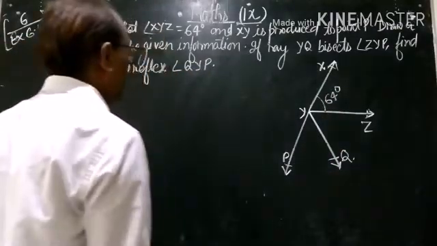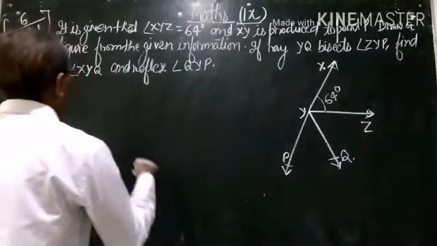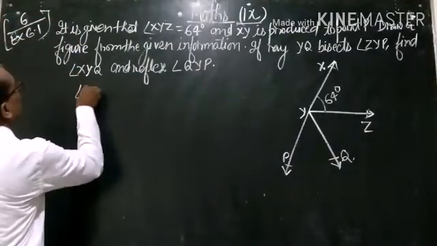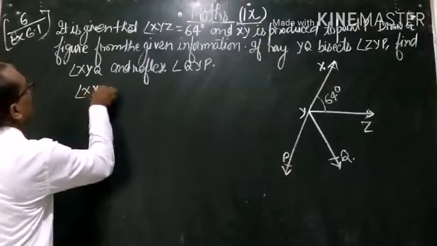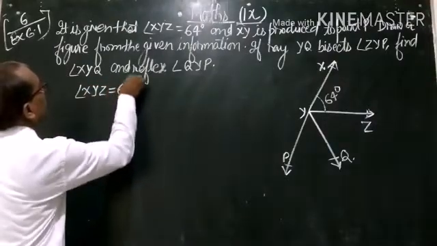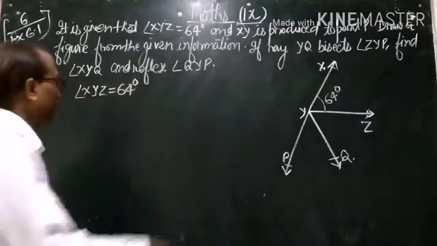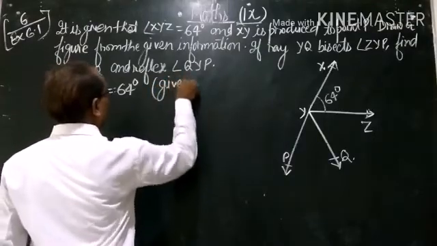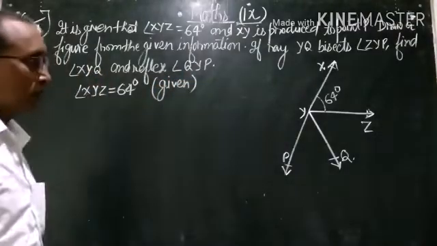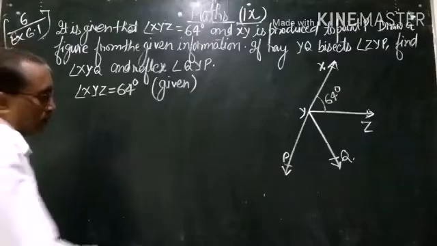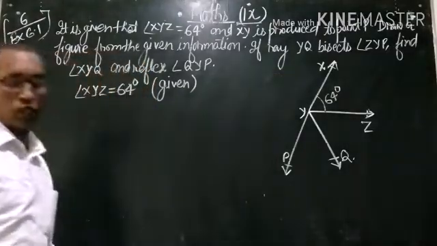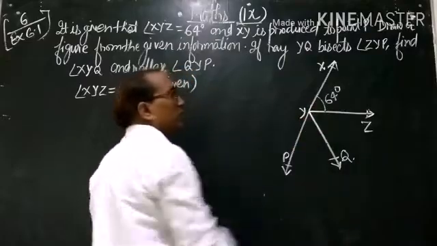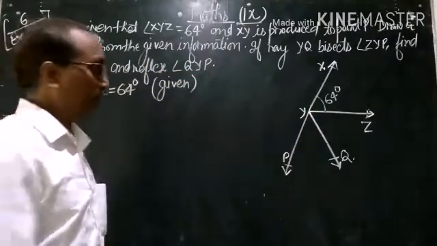Okay, then first of all you write here angle XYZ is equal to 64 degree. It is given. XY is produced to point P, then XYP is a straight line.